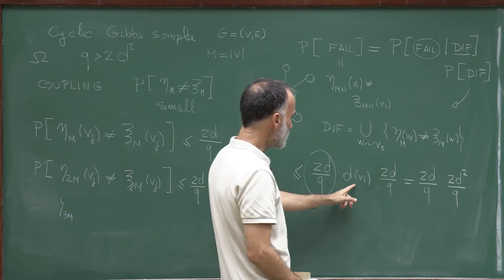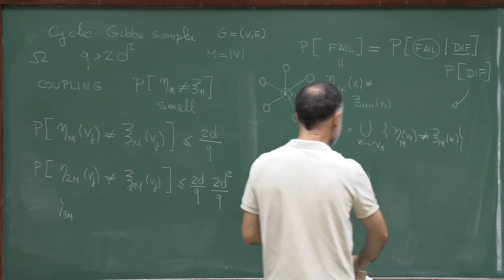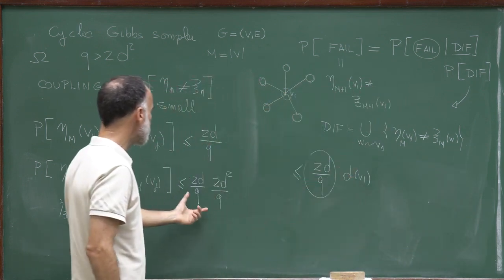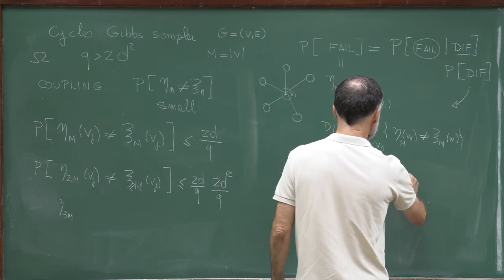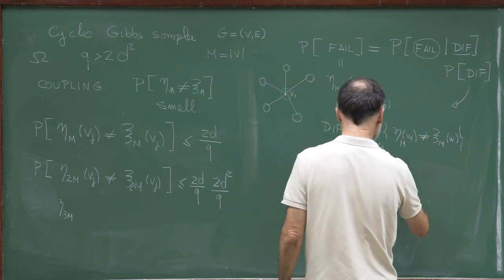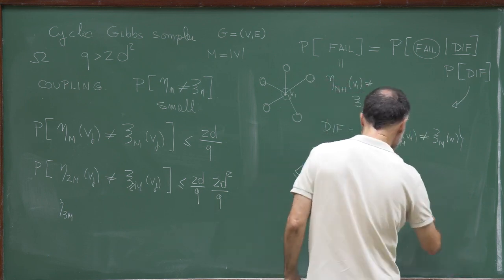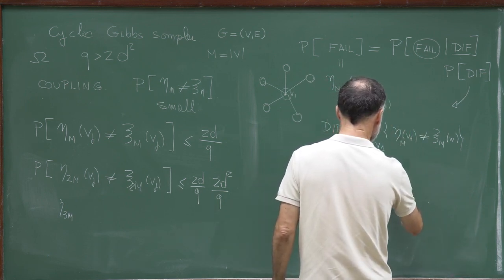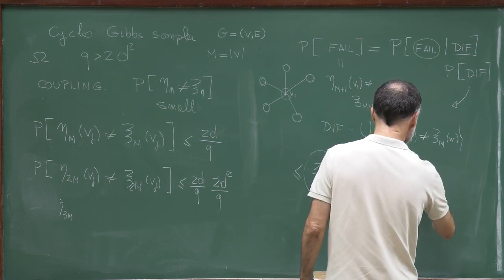So I have d due to the union times the probability that it fails, which is 2d divided by q, times 2d squared divided by q.